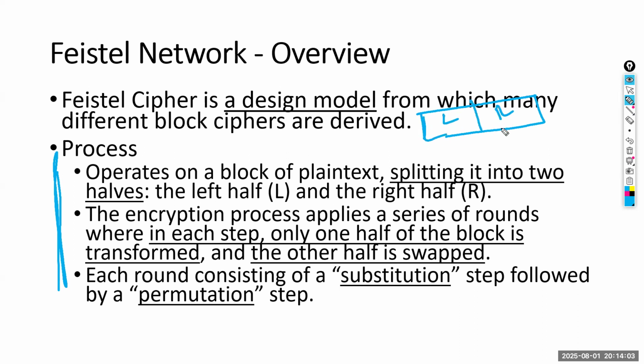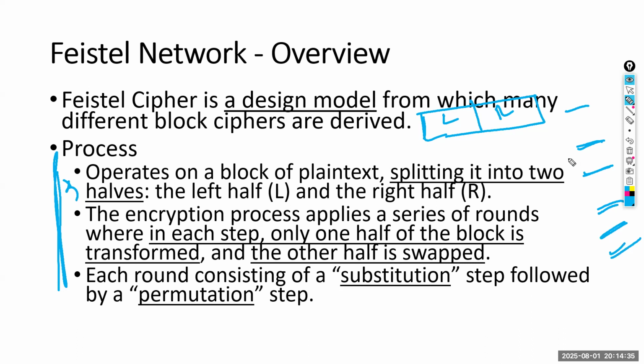So each block is further subdivided into two and then encrypted. In each step, only one half of the block is transformed, the other half is swapped. So it's a step-by-step process. That means you keep encrypting, encrypting, encrypting until it's strong. Step 1, step 2, step 3, step 4.